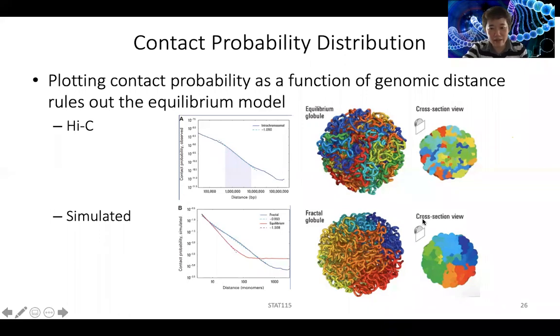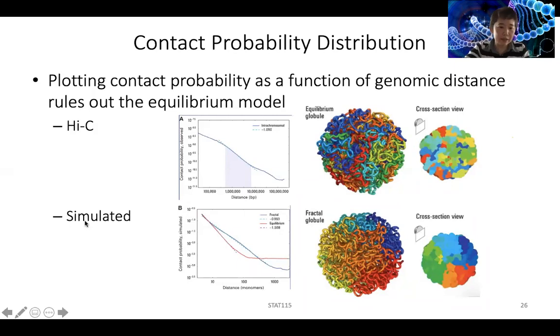If you cut the cross section of this nuclear ball, you do see that the blue regions and the red regions are roughly close to each other. And so people did simulations to see, if you have equilibrium or fractal, how does that influence chromatin interaction?